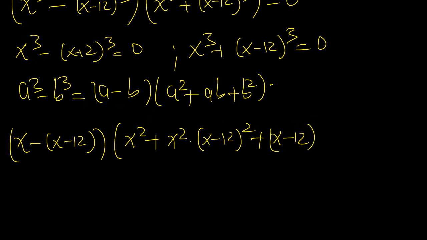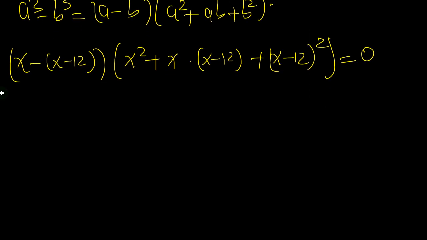Sorry, I made a mistake here. We don't have this 2 here, and we don't have this 2 here. Okay, cool. And then I have here to the power of 2, and this is equal to 0. We are solving this one here, and then we're going to be solving the other one here.